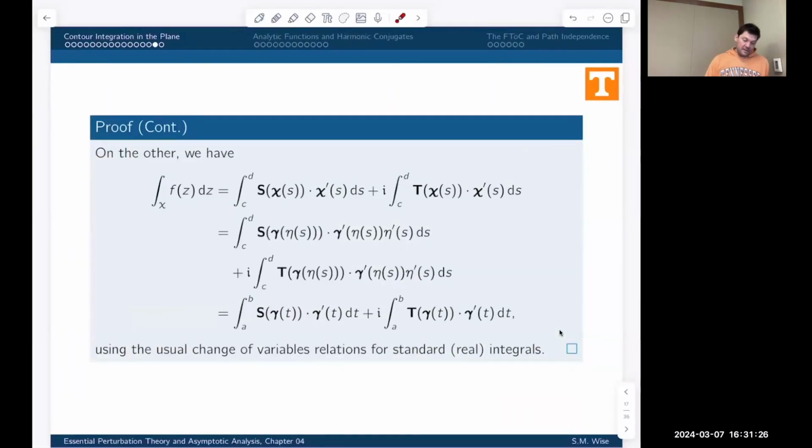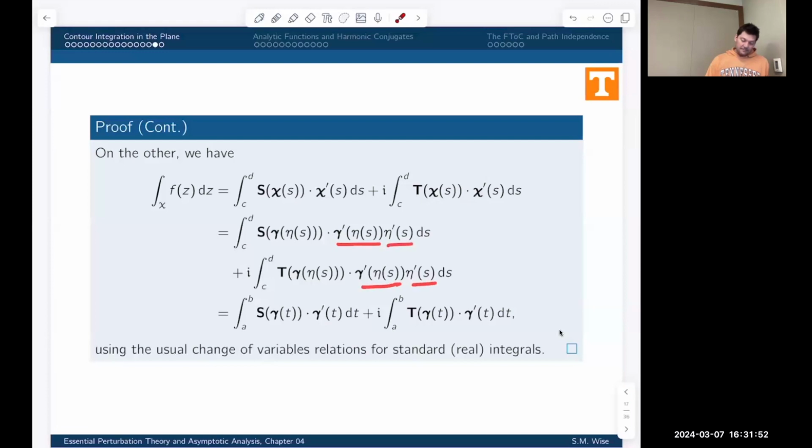What about for the chi curve? For the chi curve, I have this. But now you realize chi is just a composition of gamma and eta. And so when I take the derivative of that, I get gamma prime and eta prime.